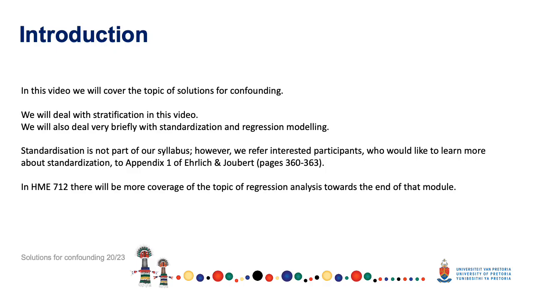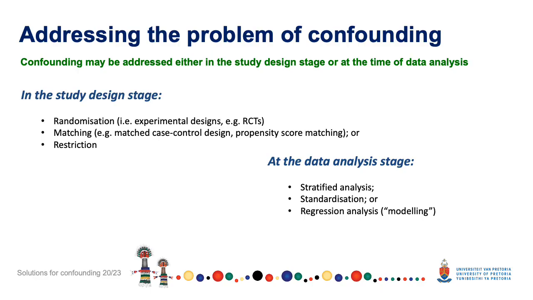Now, of course, if we can, we would like to get rid of confounding before we even start to collect data. Then we don't have to worry about it. Not always possible. So in the study design stage, there are some proactive things we can do. We might decide to rather go for a randomized or experimental study design.